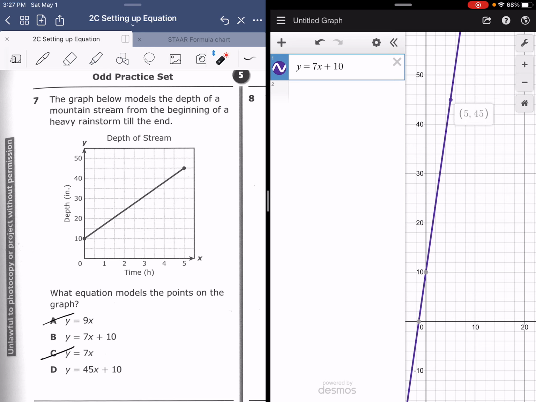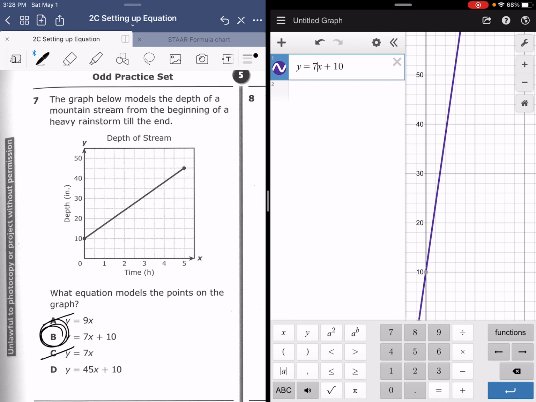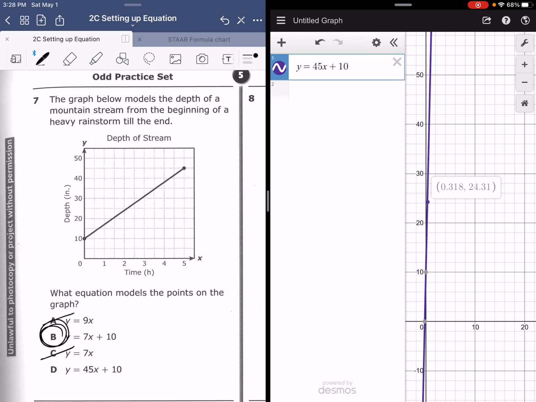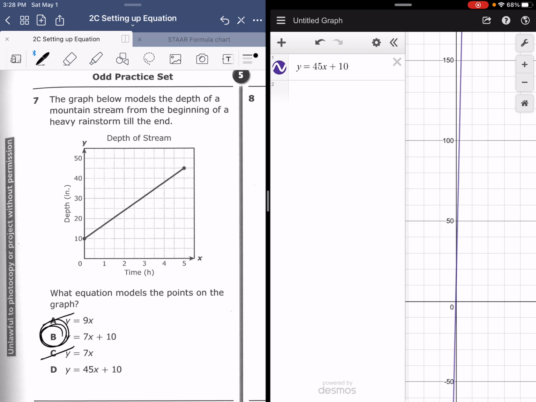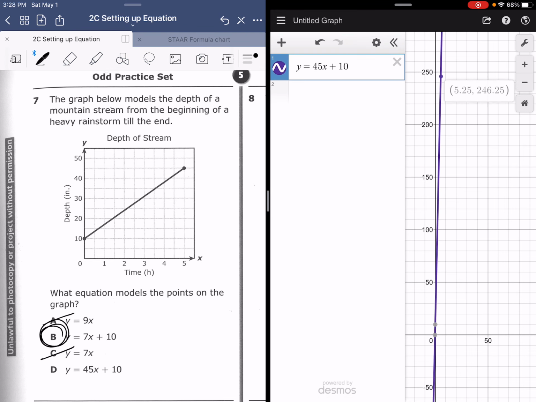Yeah, when x is equal to 5, y is 45. Oh, we got the answer right away. B. Let's try D just in case. Whoa, it's a bit steeper. When x is equal to 5, what is this one going to be?